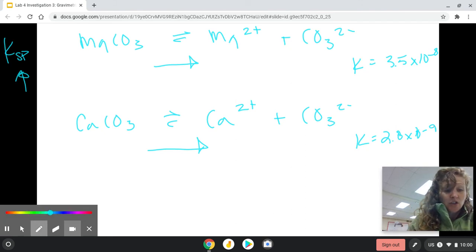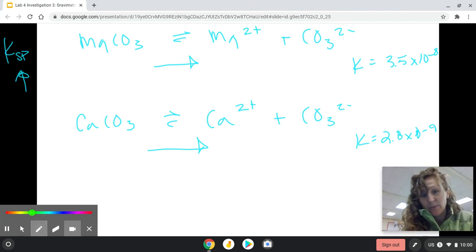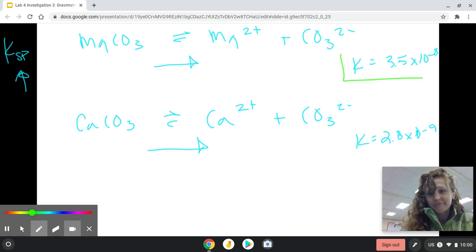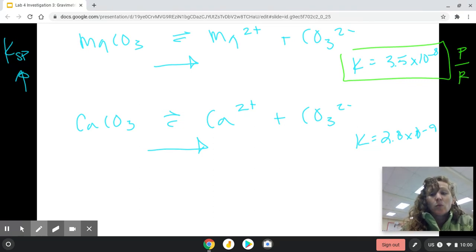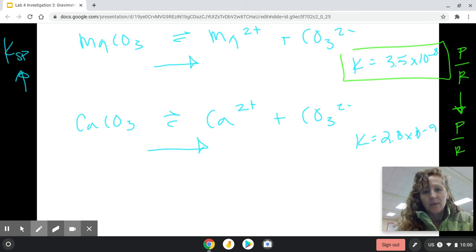The first question you should ask yourself is, which of these numbers is bigger? That number is bigger. So that means that the products are going to be greater than the reactants when compared to calcium carbonate.